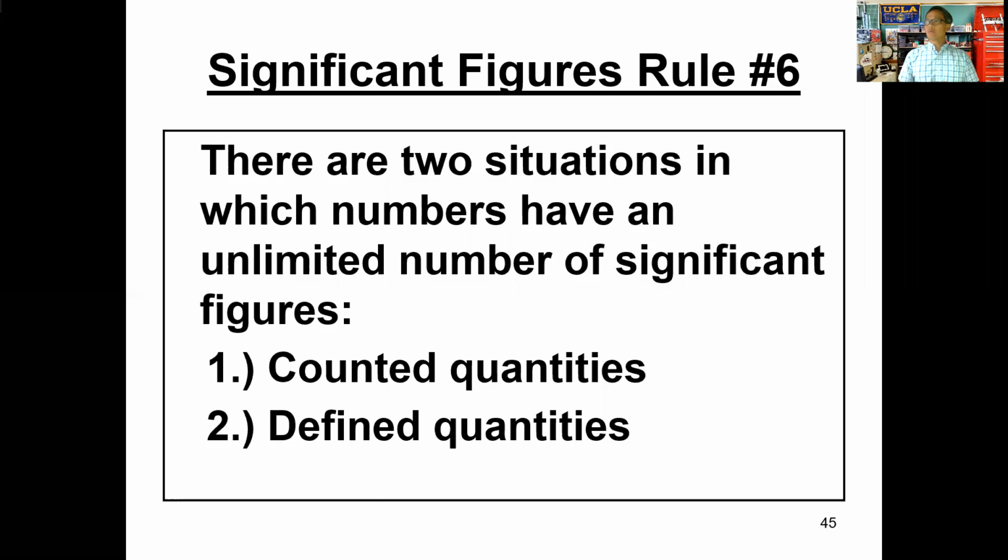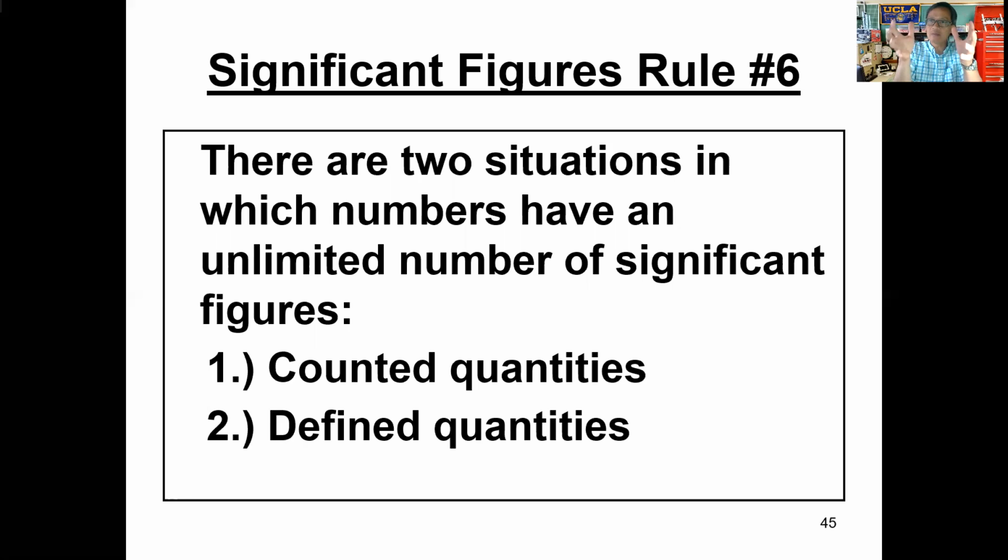And so essentially what this last rule deals with are exact numbers. That is, there is no ambiguity. The level of precision is highly precise, because we don't need to estimate. When we count out the number of students in our classroom, there are 12 of us. It's not 12 and a half, it's not 11.5.